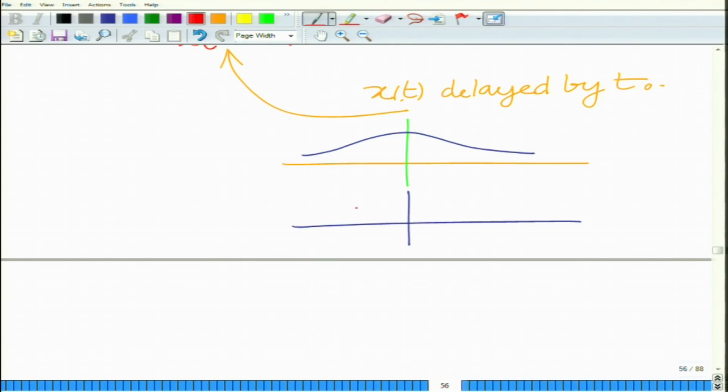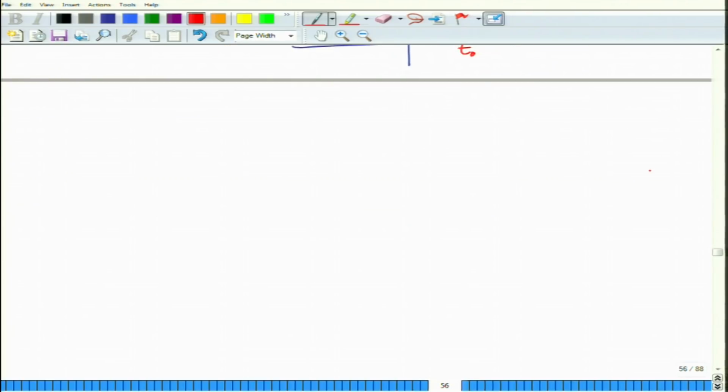That is, this point is t naught, so the signal is shifted to the right by t naught. Now, what is the Laplace transform of the delayed signal, that is x(t minus t naught)?